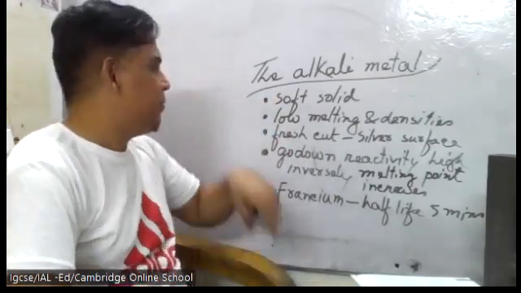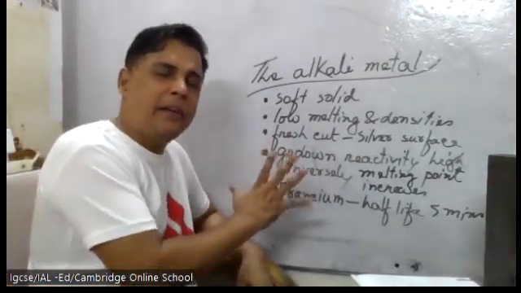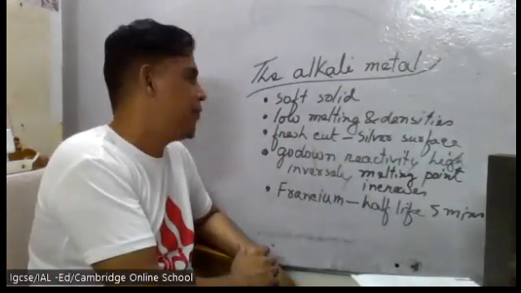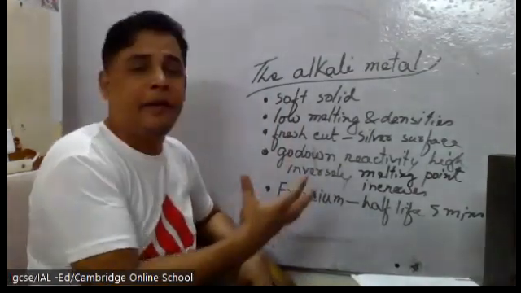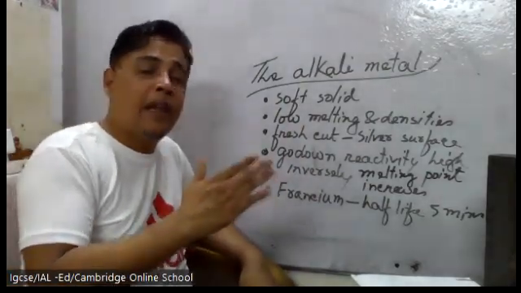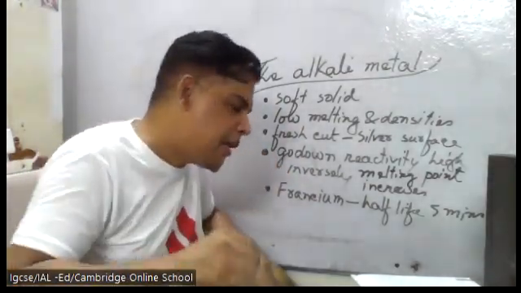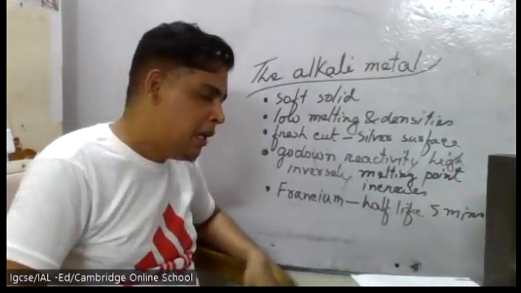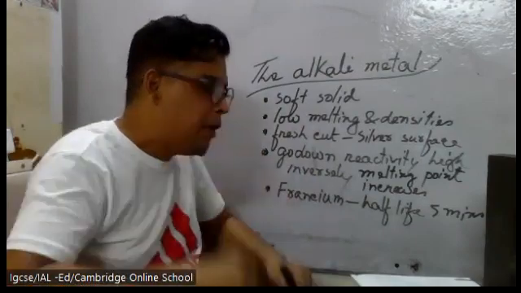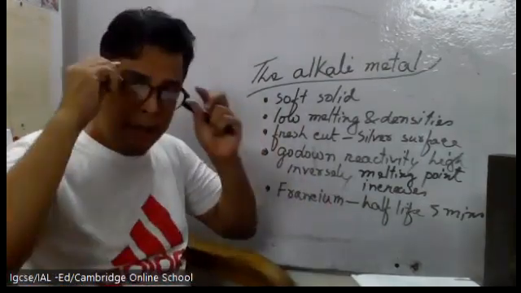The characteristics of alkali metals: they are soft solids with low melting points and low densities. I'm just telling the names of the alkali metals: lithium, sodium, potassium, rubidium, cesium, francium.